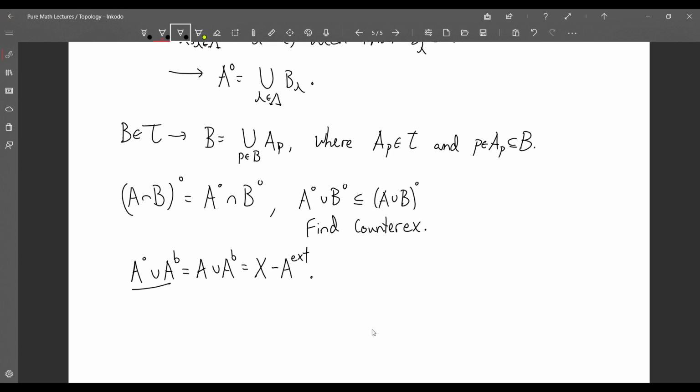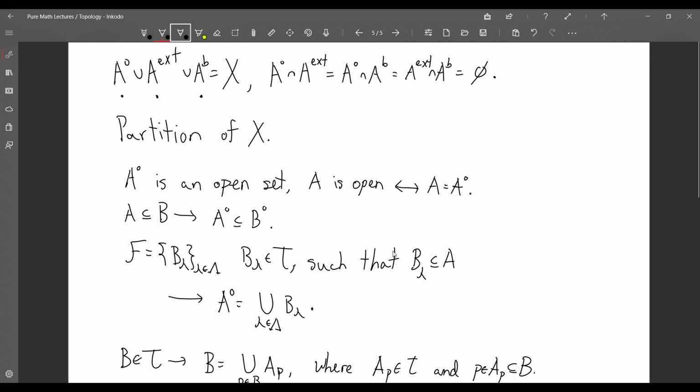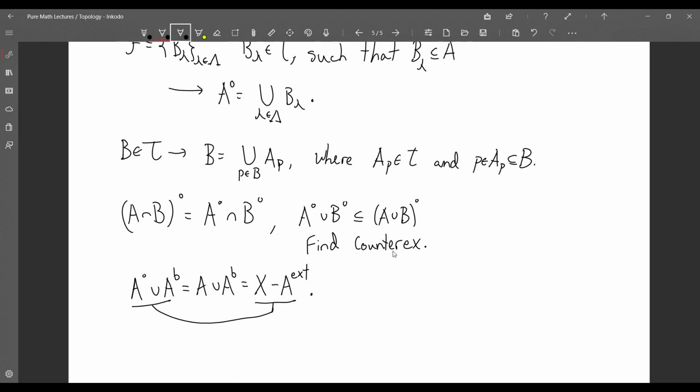Of course, this makes sense from the partition property: the interior and the boundary are going to give us everything except for the exterior.